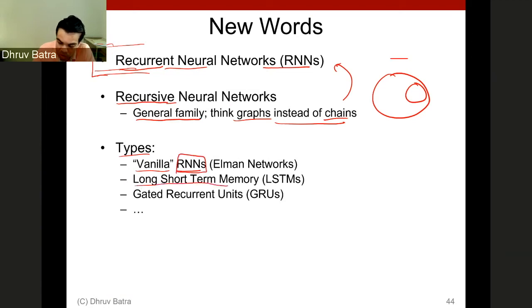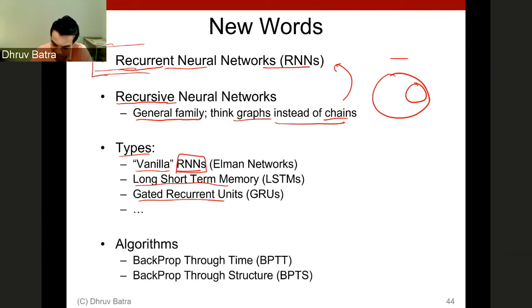There are, of course, long short-term memory networks and gated recurrent units. We will meet all of these. So anytime you see any of these terms, know that this is the lecture you have to come to, and this is the context we're talking about. And the algorithm that we will teach you is a new algorithm called backprop through time, which is essentially backprop applied to a computational flow graph corresponding to an RNN, with a particular form of clipping applied on backprop.